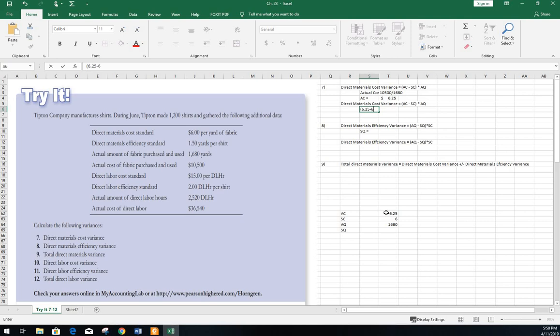Minus $6, multiplied times 1680. And that equals... I'm going to copy this so I don't have to type it again.